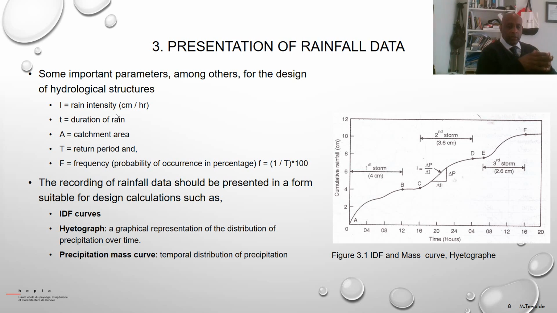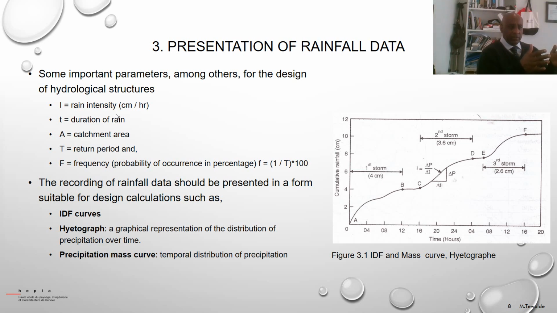And also we can learn from this curve the distribution of the rainfall over the period. We can see, for example, that the rain might fall intensively at the very beginning.